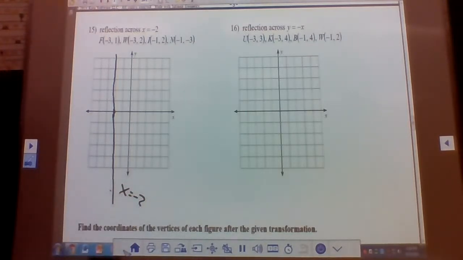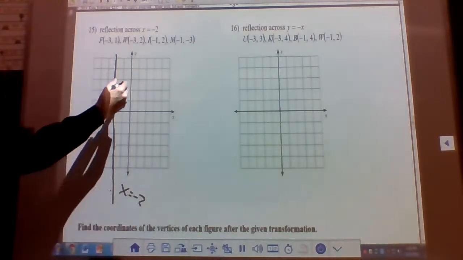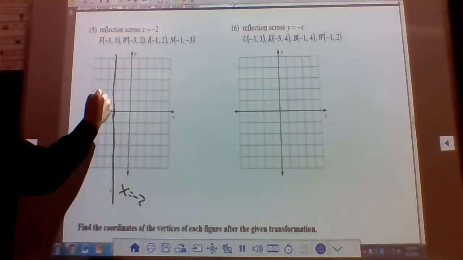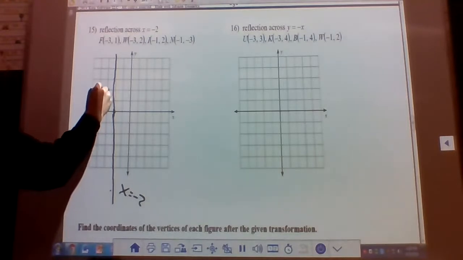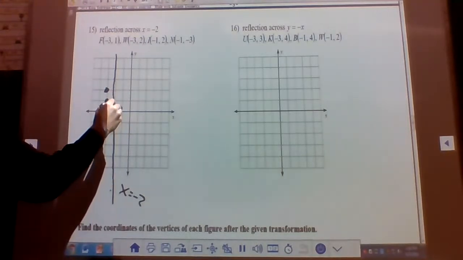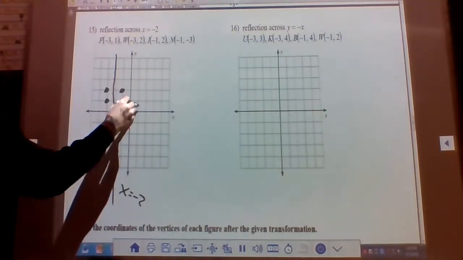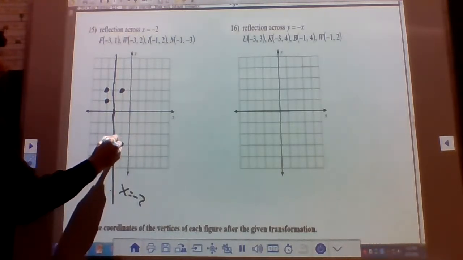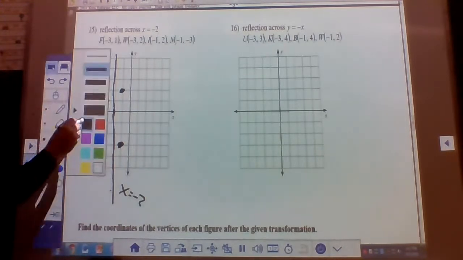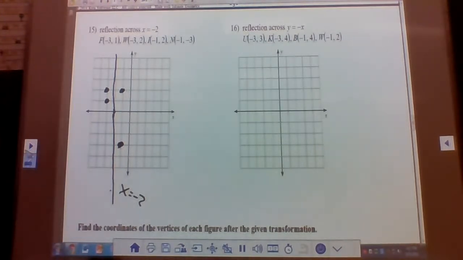All right, I'm going to plot the points here. Okay, so our original is going to be (-3, 1), (-3, 2), (-1, 2), and (-1, -3).